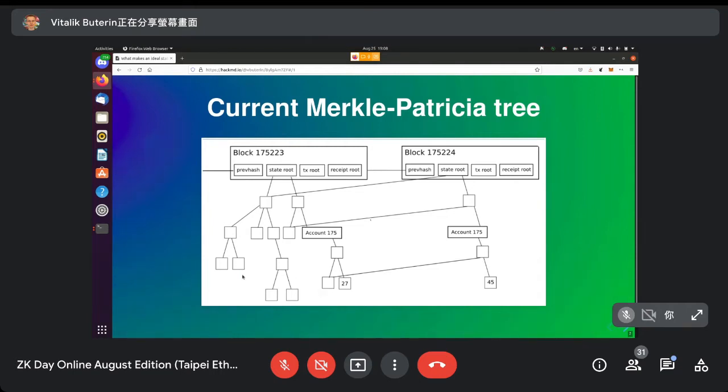So the reason why we have the state tree is so that every block can contain this hash commitment, and from that hash commitment you can then make a branch, and that branch can prove any individual value. For example, here, if you want to prove this value 27 inside of account 175, then you can make a branch that consists of the portion of the tree that goes down from the state root to the 27.